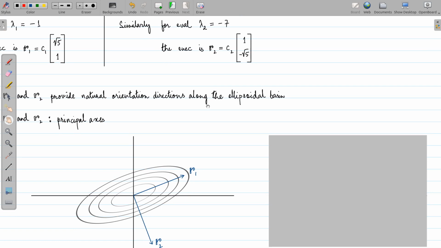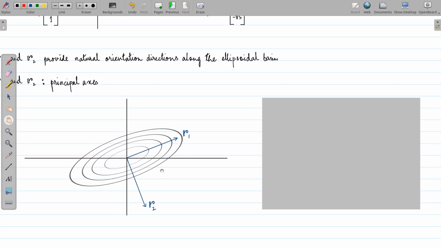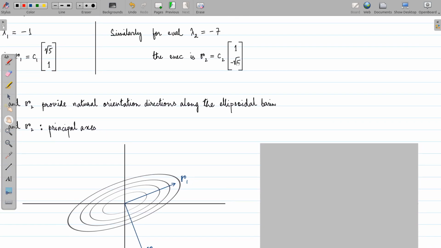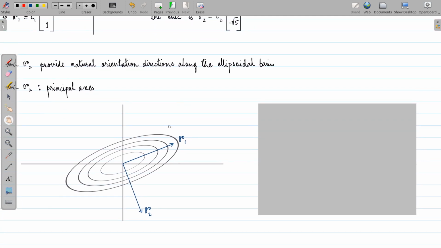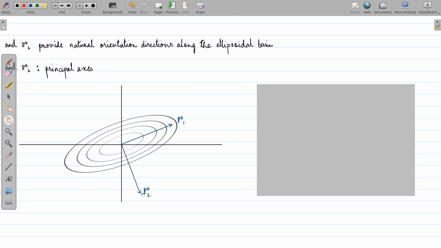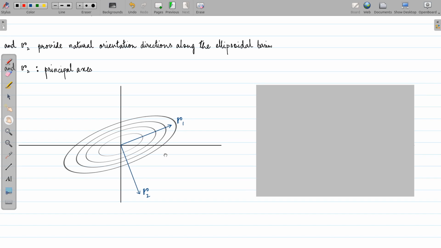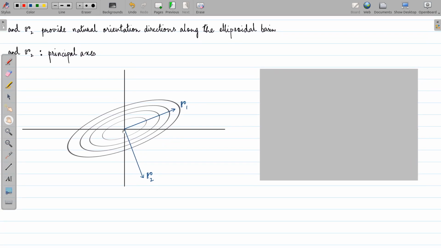What about R2? X is positive, y is negative, so it has to be in the fourth quadrant. The magnitude of the y component is more than the x component, so it will be something like this. So this is your R1 and R2, and I could take another set of axes along R1 and R2.